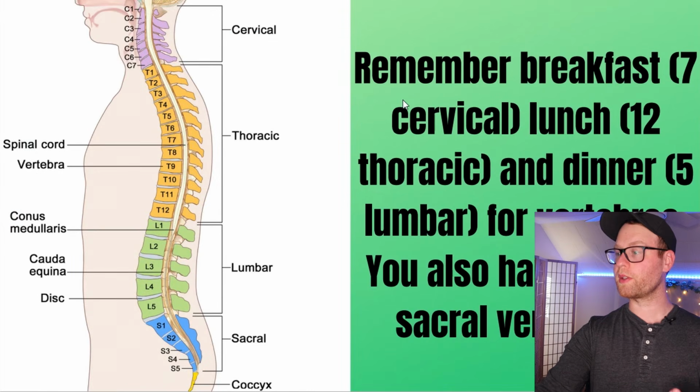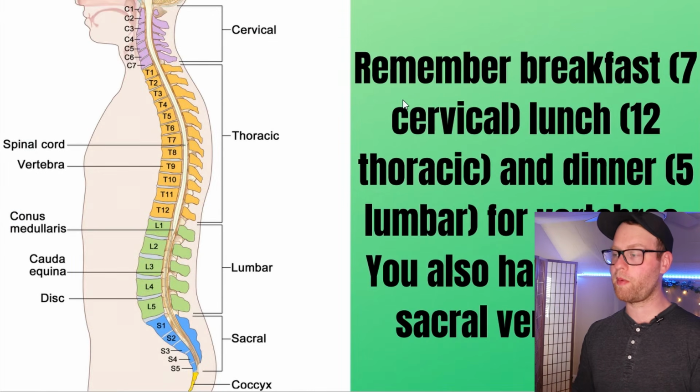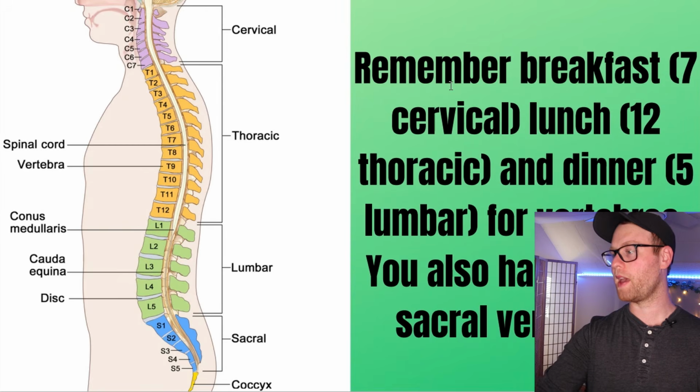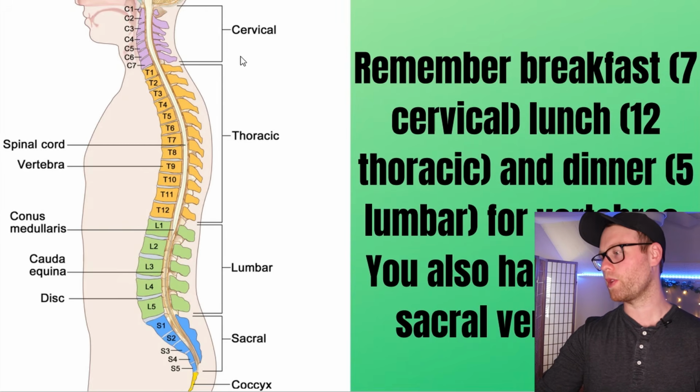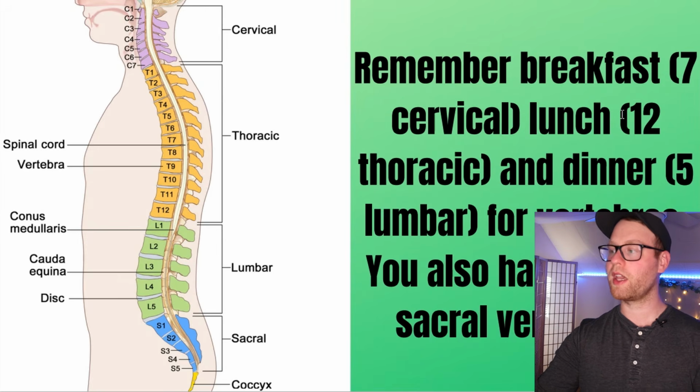I think this is just generally good to know, and this could come up in some form or another on your exam, but remember, breakfast, lunch, and dinner, it's a good trick to remembering how many vertebrae you have in each of these areas. So you have 7 cervical vertebrae, think 7 a.m., that's breakfast. Next we have the thoracic, you have 12 thoracic vertebrae. Again, that's lunch, so think like 12 p.m. lunch.